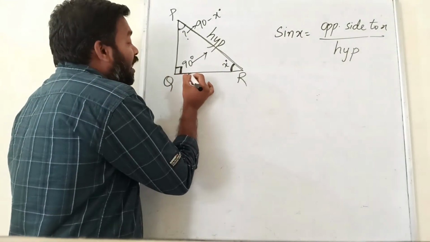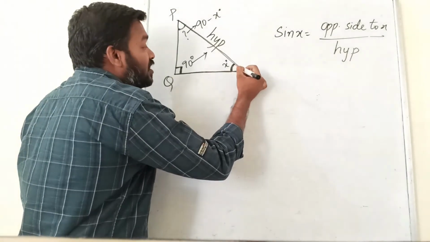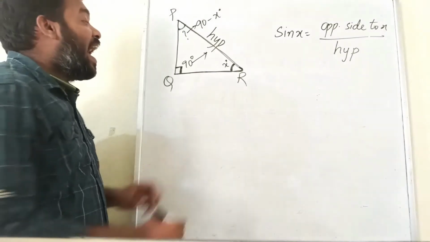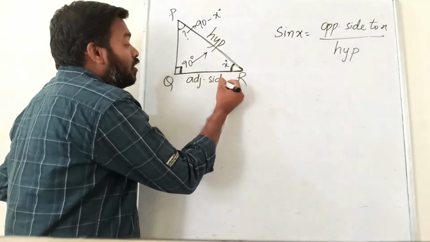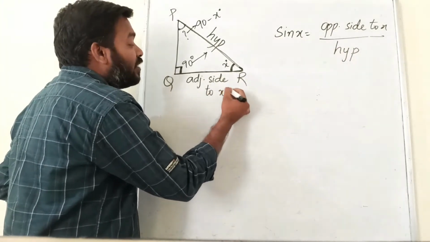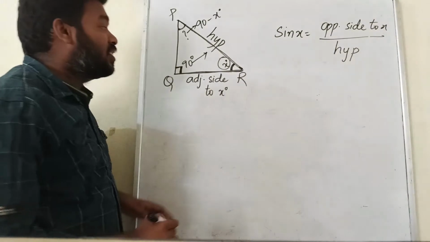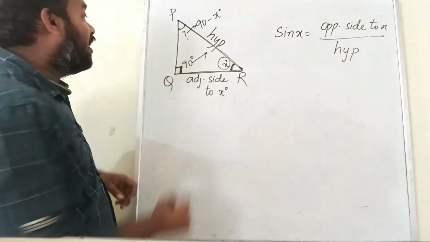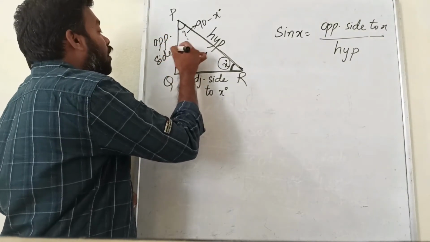In the earlier discussion, I said that the side which touches the angle which we take into consideration is the adjacent side to that angle. Here we are taking x, so this will be the adjacent side to x degrees, and the other side which we are left with is the opposite side to x.